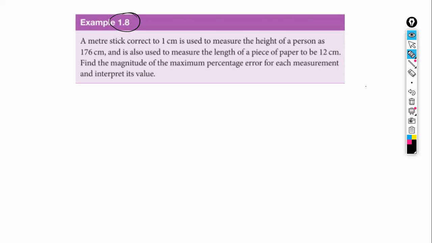Okay, so let's start first with the height, right? The height was measured to be 176 centimeters. And the precision of the instrument, of the meter stick, is 1 centimeter. So P halves would equal 0.5 centimeters, half a centimeter.